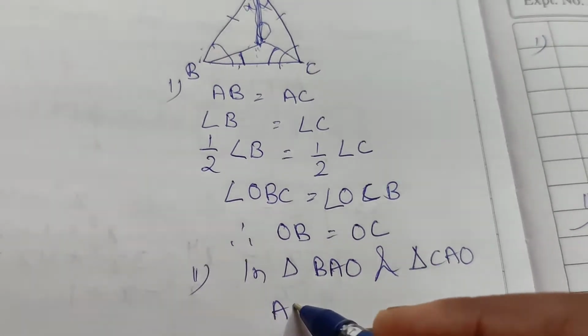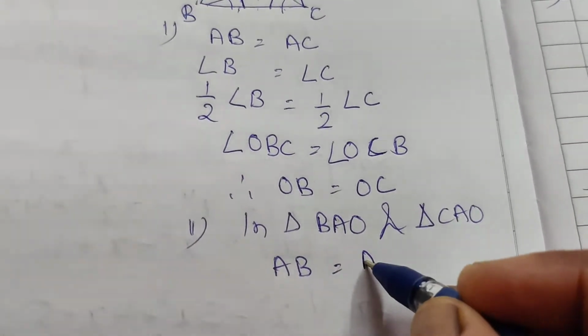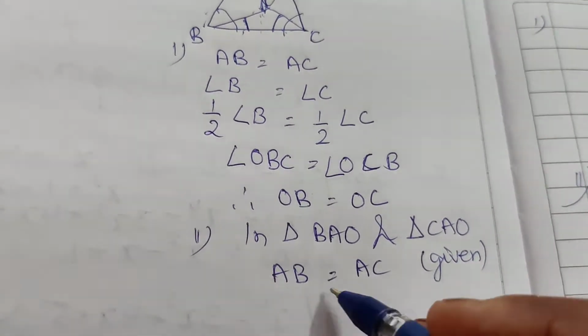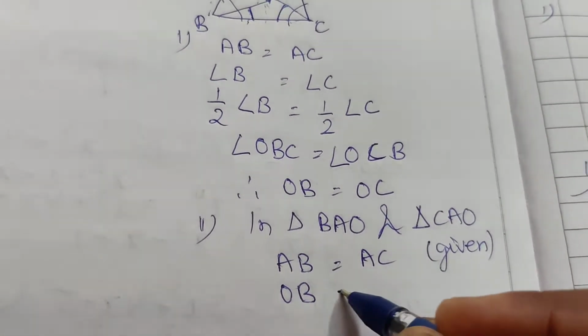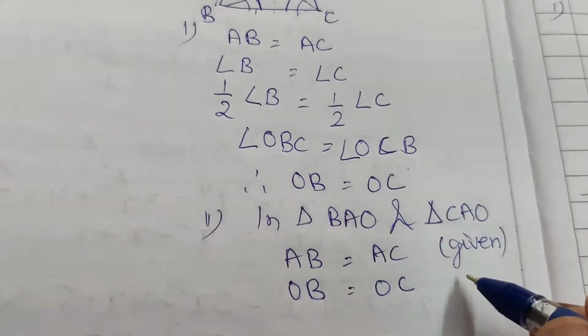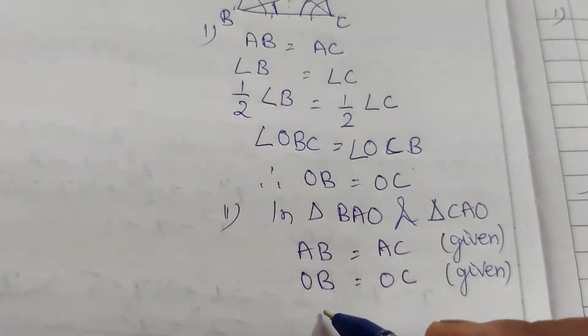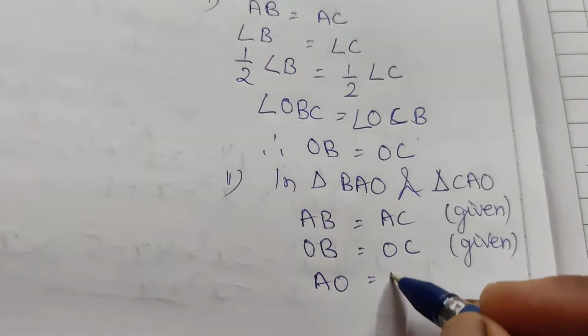AB equals AC, given. Number 2, OB equals OC, already proved. And AO equals AO, common side.